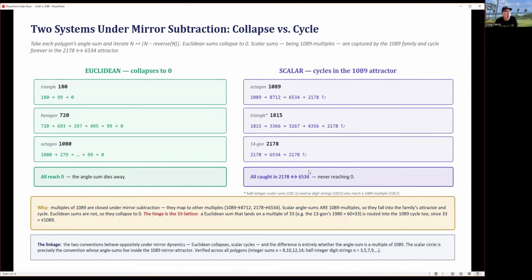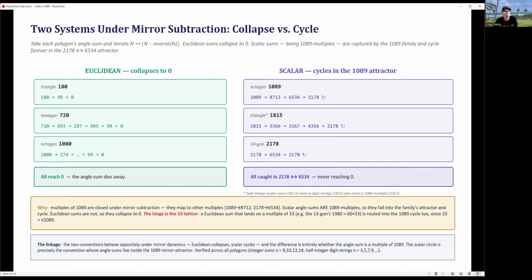Many of you who have been following the mathematics I've been working on have the awareness that I identified two different groups of numbers and their behavior by doing what is called mirror subtraction.